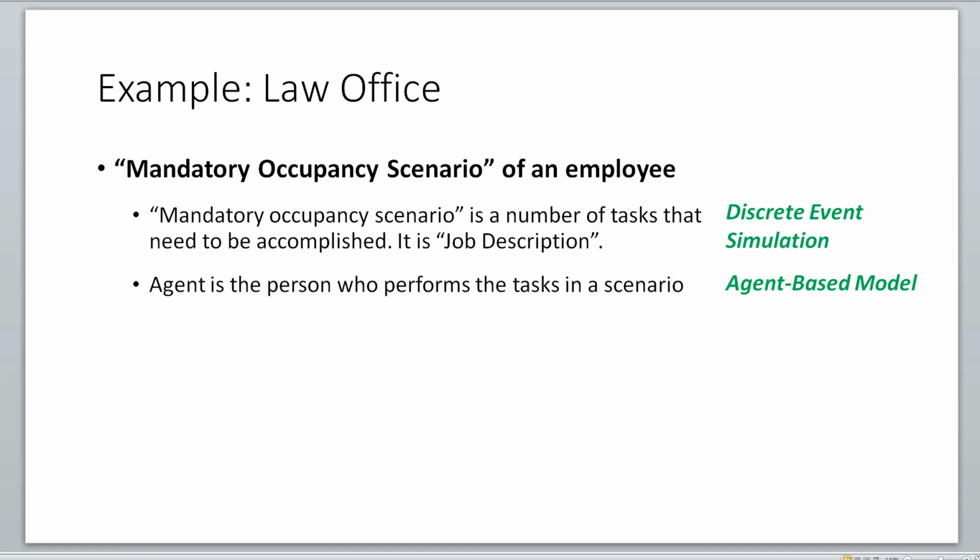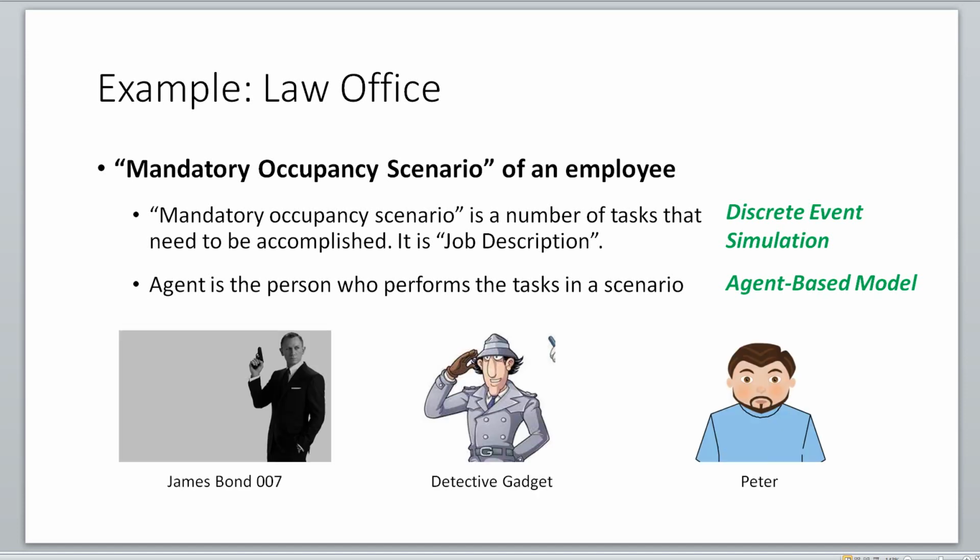Okay, I want you to not be so afraid if you're not familiar with these concepts, because I'm going to simplify them and I'm going to walk you through all of them. So our agent is not actually something very secretive like James Bond 007, who does really bad things, or a clumsy detective who, despite being clumsy, accomplishes all of his tasks.